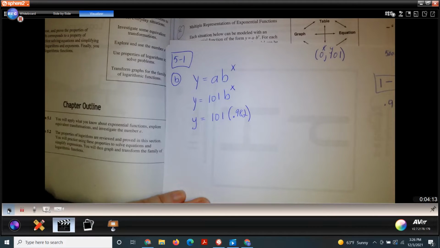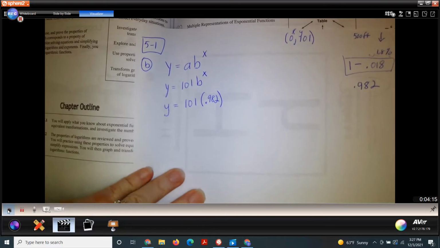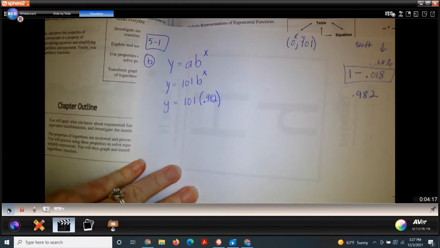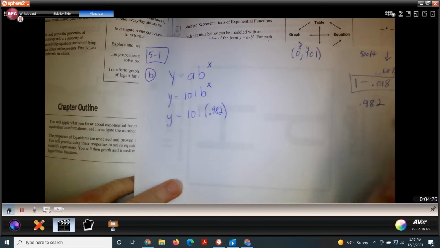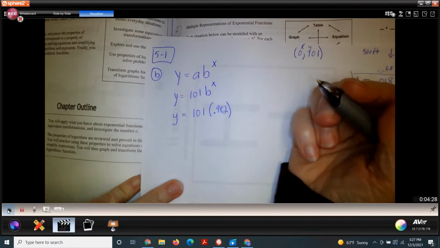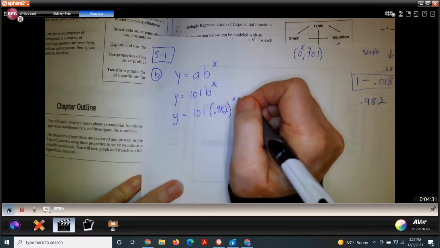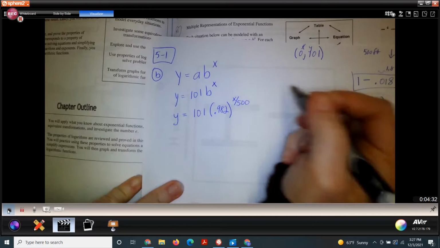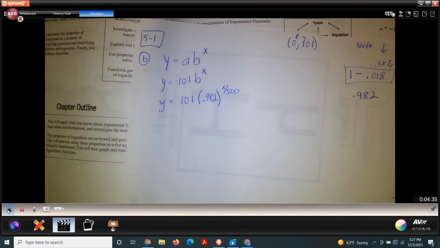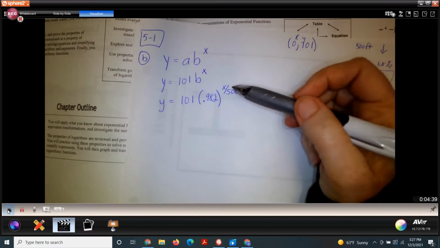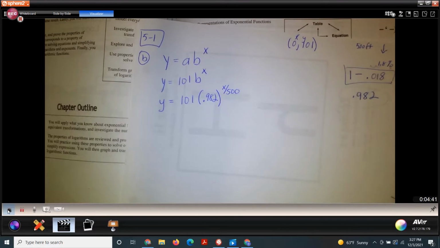And I want to just write it to the X. But there's that 500 there. So it's every 500 feet, it's losing 1.8%. I know this is going to sound crazy, but you could say, well, this means per 500 feet, right?